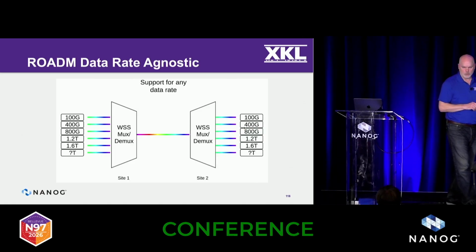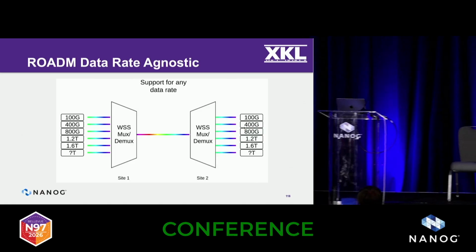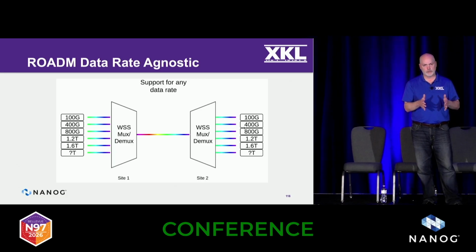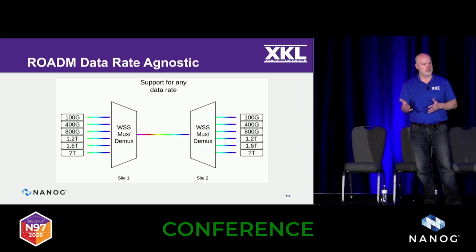So the other thing, we talked about this, the filters, right? The channel bandwidth that's required for the higher data rate stuff, as the data rate goes up, you need wider and wider channels. And with a WSS, you're future-proofing that because you're able to adjust the channel sizes.